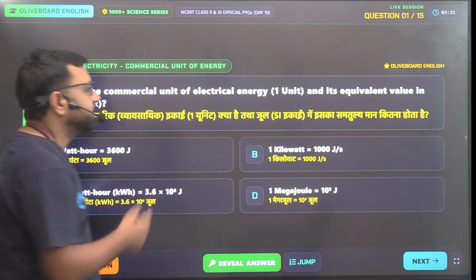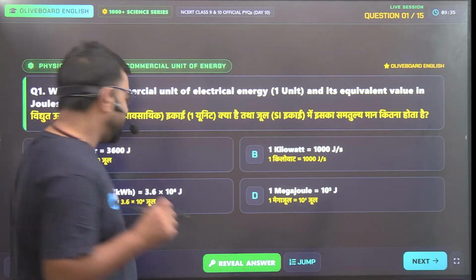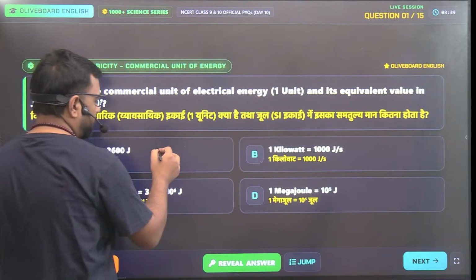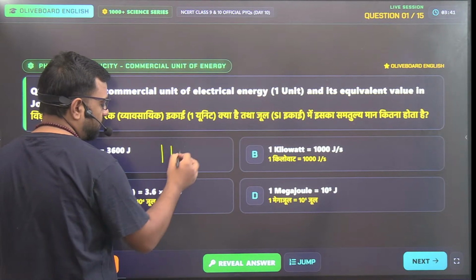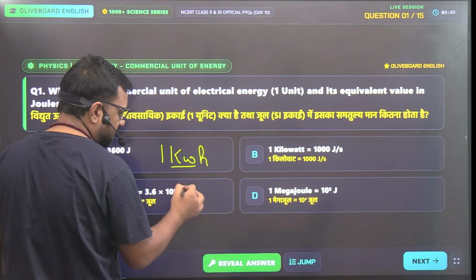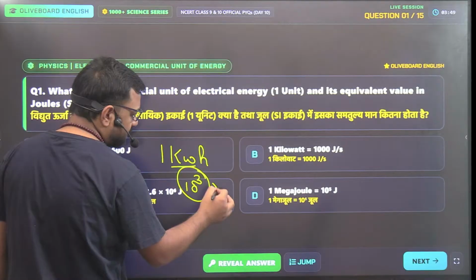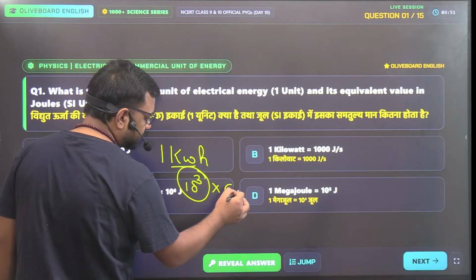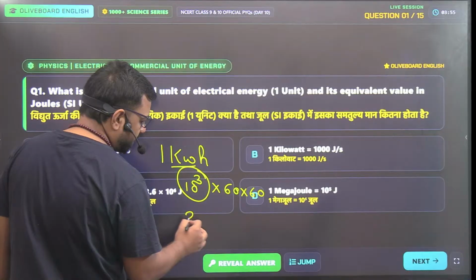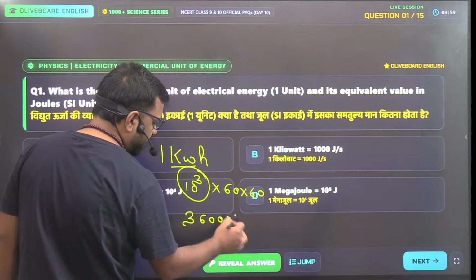And here it's given about 1 unit, and guys, 1 unit is always equal to 1 kilowatt hour. So let me write this for you. 1 unit is equal to 1 kilowatt hour. 1 kilo, this kilo means 10 to the power 3, right? And when you convert this hour into seconds, 60 minutes and 60 seconds, it will be 6 6s are 36, 100 into 10 to the power 3.